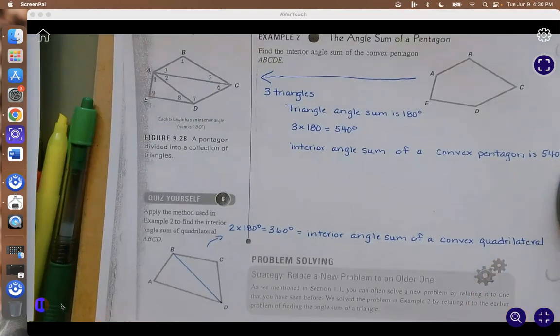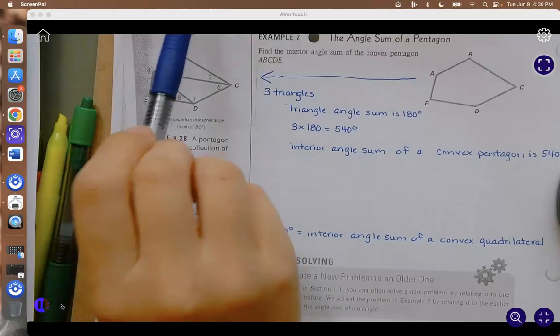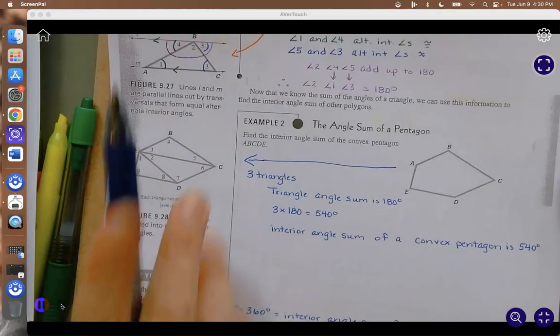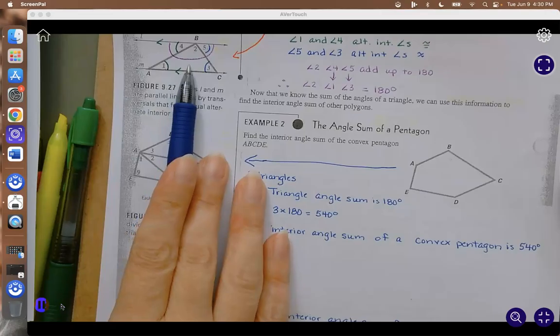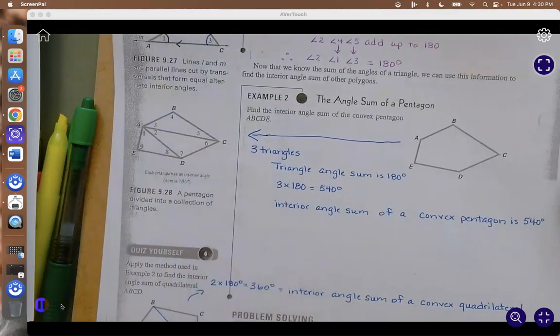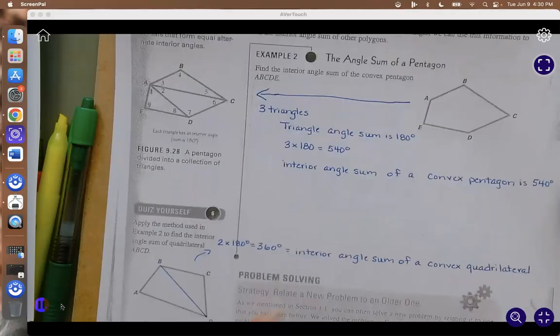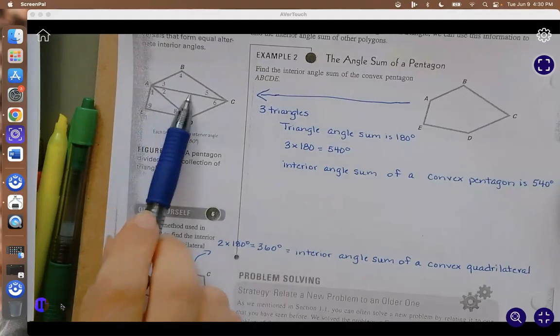So let's look at this for a second. If I have a triangle, I have 1 triangle, because a triangle has 3 sides. If I have 4 sides, I have 2 triangles. If I have 5 sides, I have 3 triangles.